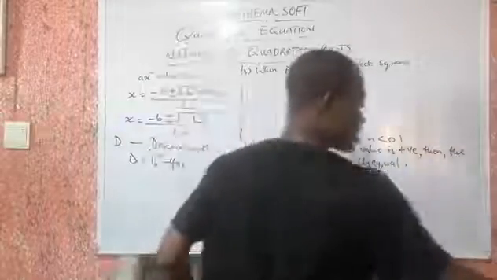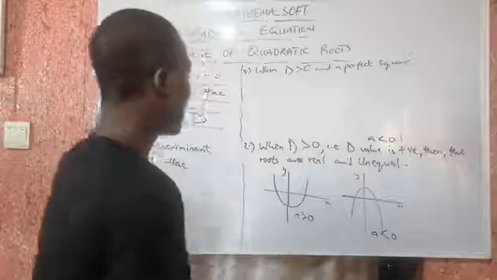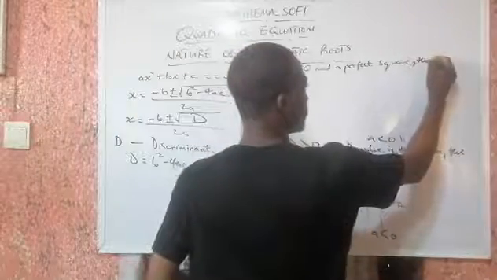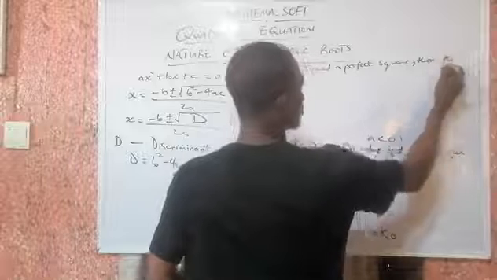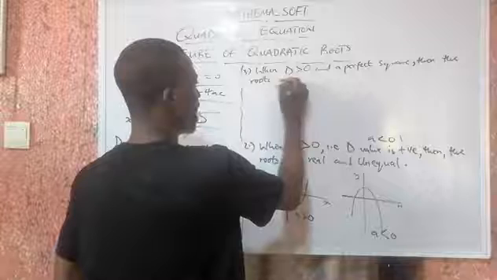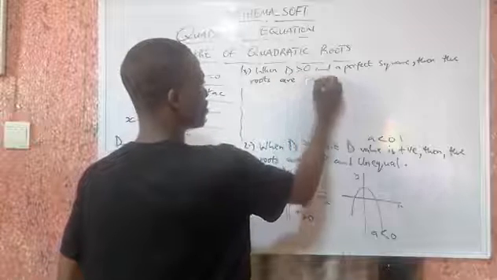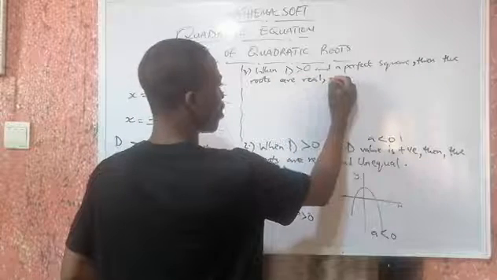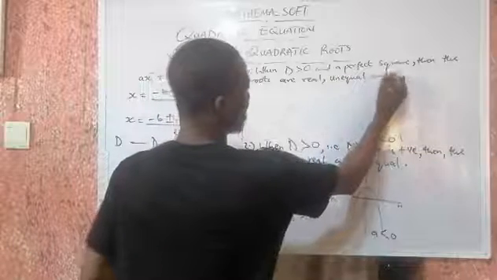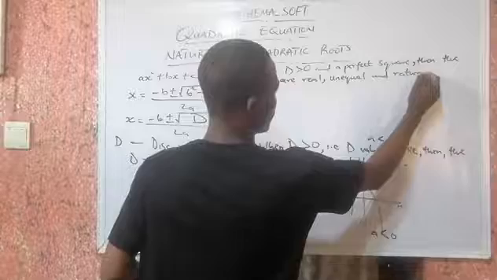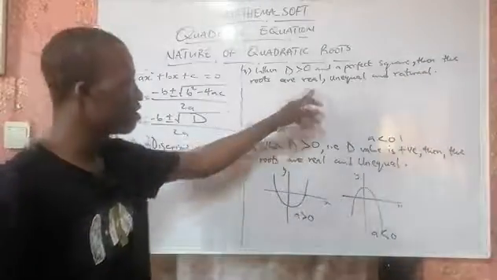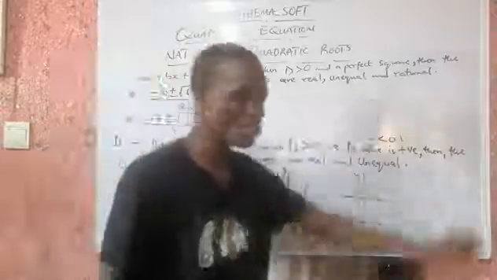If your D is such a number, a perfect square and also greater than 0, then the roots are real, unequal, yes, they are different, and rational. In this case, the roots will not just be real and unequal, but they will be rational.